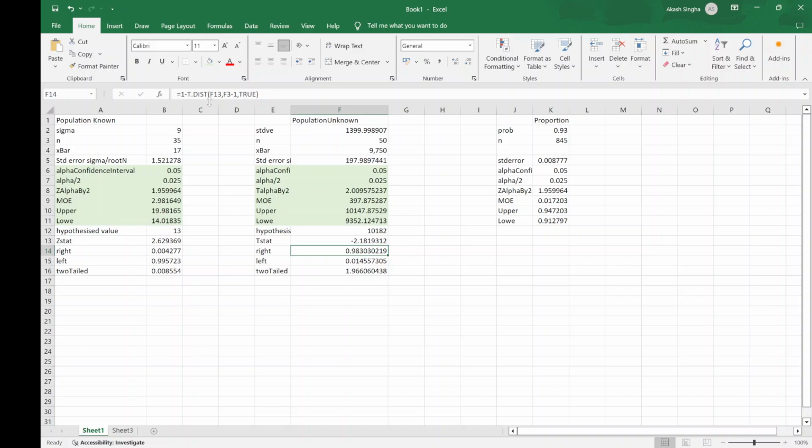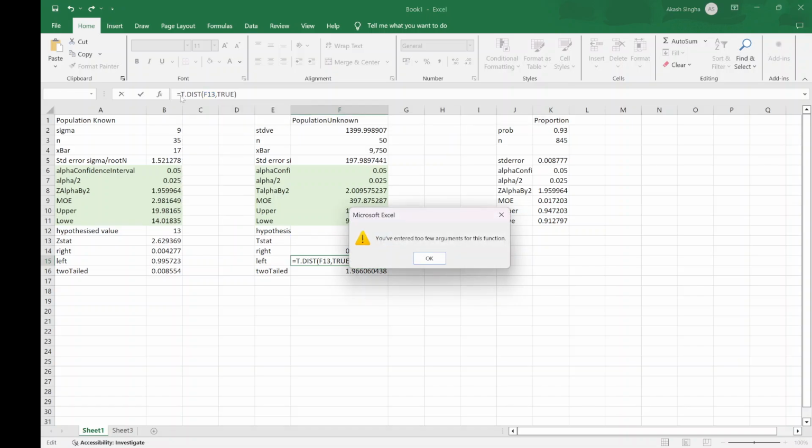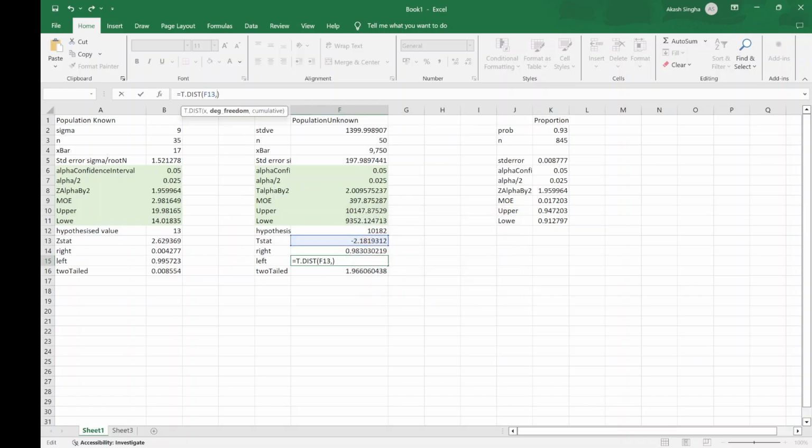Then right tailed is 1 minus T.dist. This will be T.dist. And two tailed will be, we cannot have probability more than one, right?